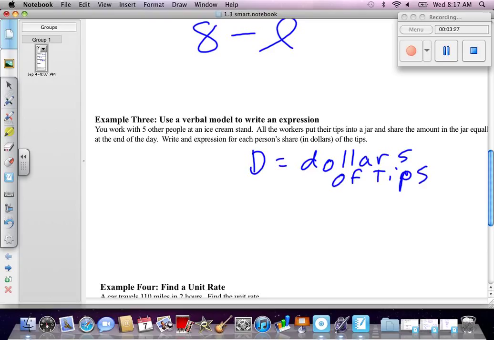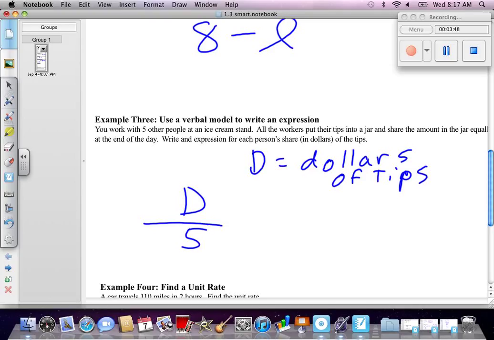There are 5 people. How do I split that up between 5 people? D divided by 5. Okay.